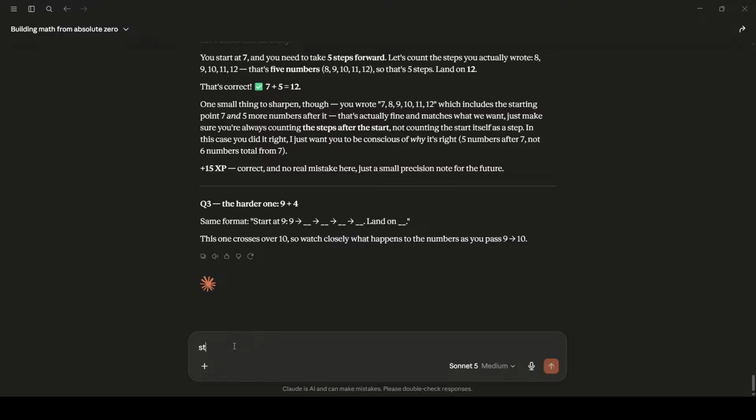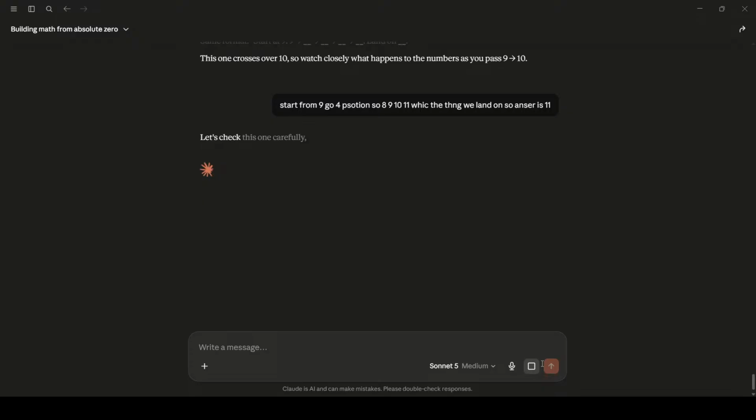So start from 9, go 4 positions, and we land on 13. So the answer is 13.